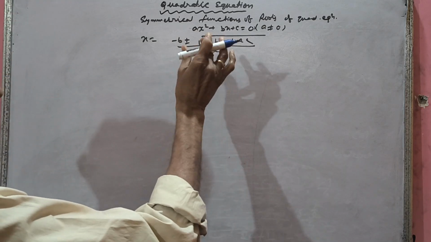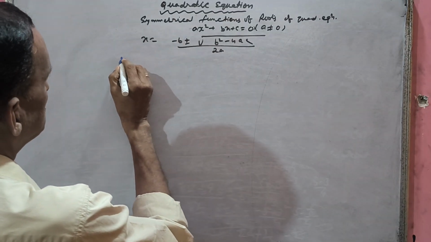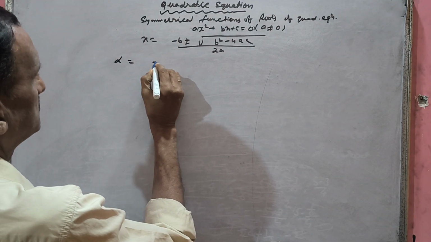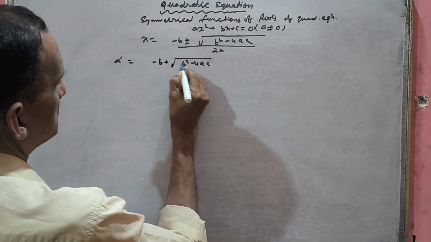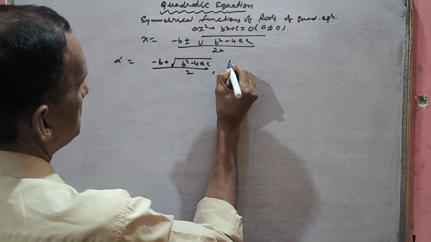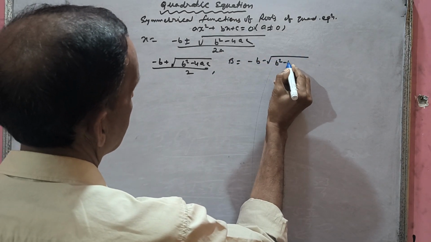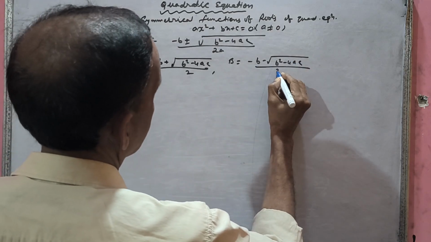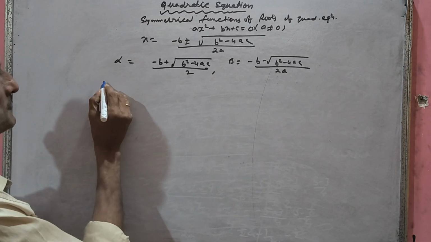Now see, when we solve the general form, we get two roots denoted by alpha, the positive one, and beta, the negative one. Now try to find the sum of roots.